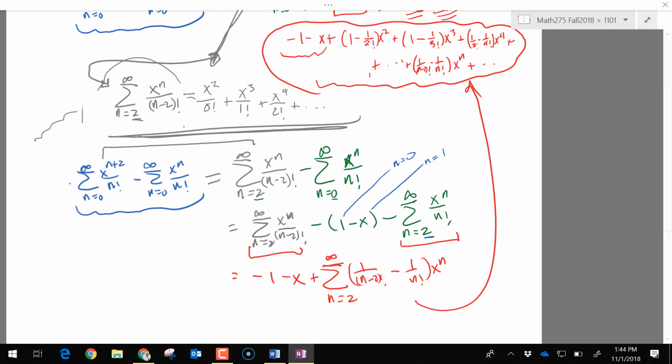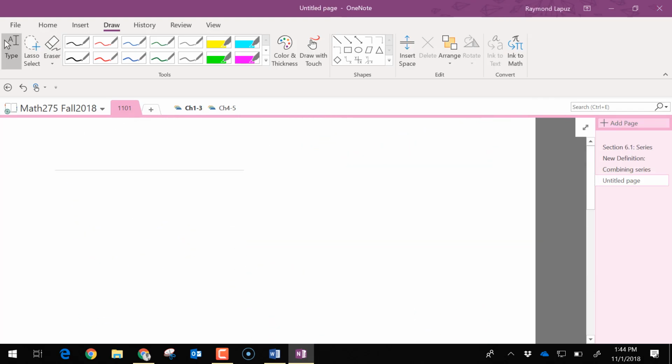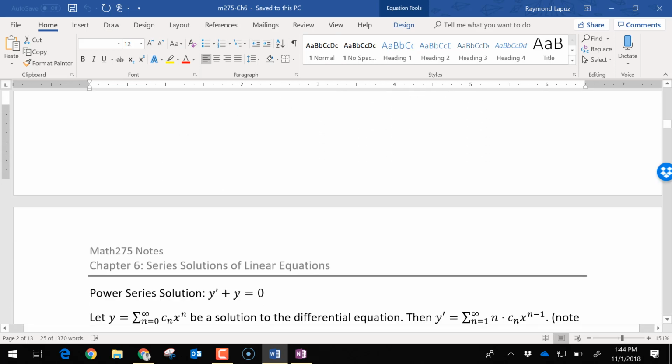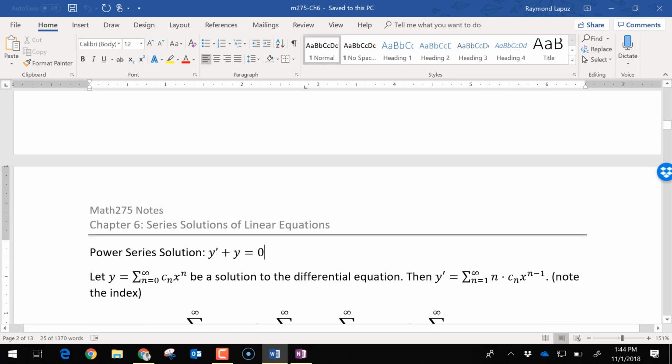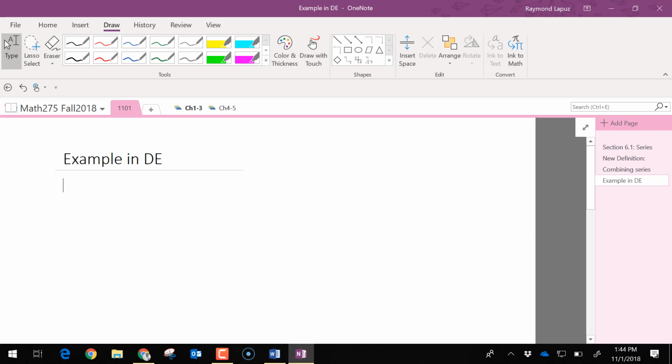So let's try to do one. We actually know the solution to this. This is a first order differential equation, and we can find a solution to almost any first order differential equation.